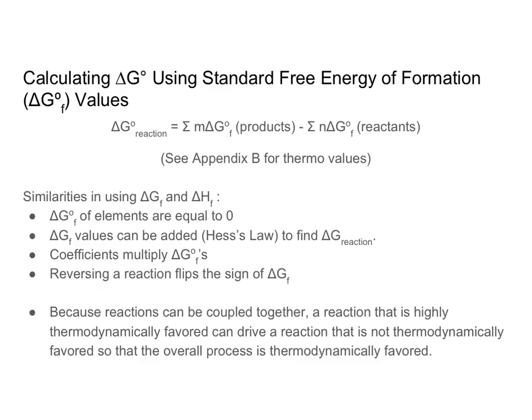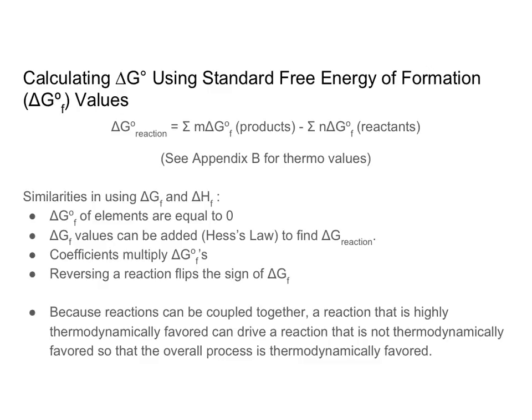You have to remember a couple of things. That delta G formation and delta H formation have some similarities between them. Delta G formation of just elements like I2 or Cl2 or Al is going to have a delta G formation of 0. Delta G formation values can be added together using Hess's law to find the change in the Gibbs free energy of the reaction.